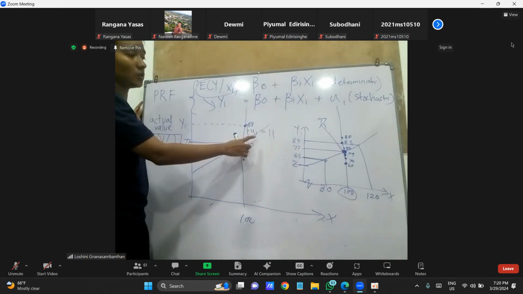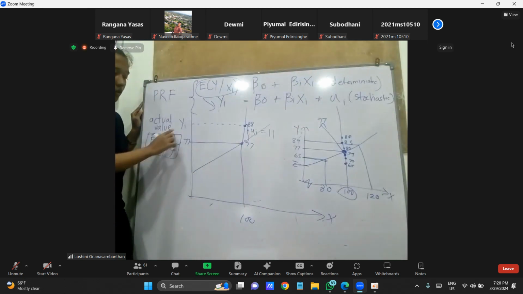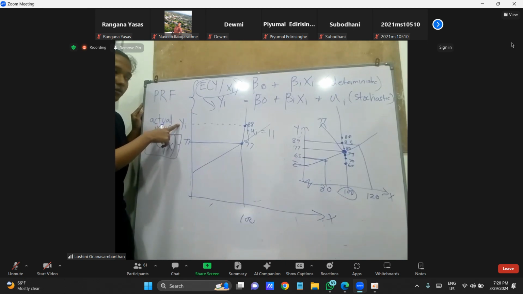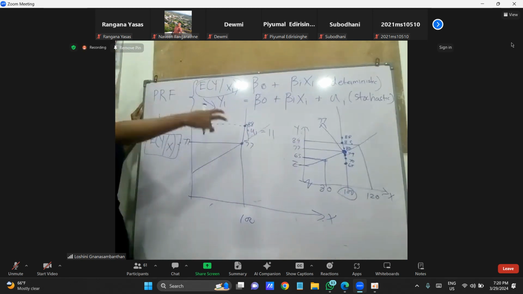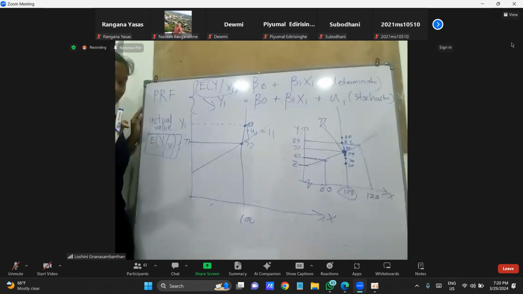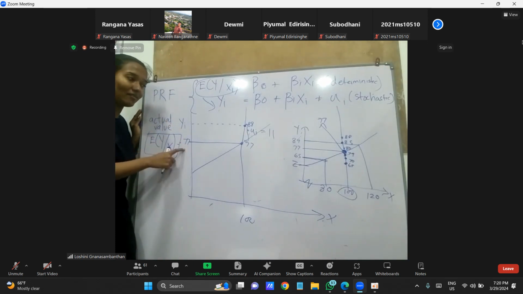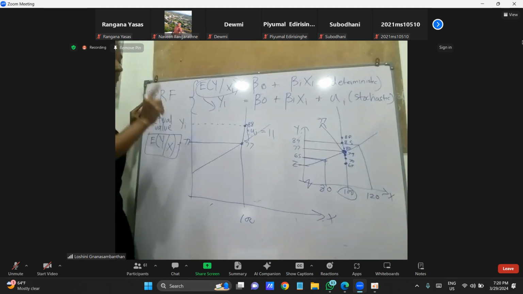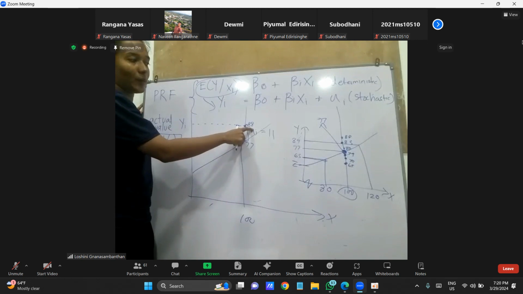If you add this u i error here, can it be any longer this one? No, right? It should go to the actual value. The meaning of adding the error term is that we want to show the real value. This is the approximate, the expected mean value, but then your actual value at a particular point is 88.